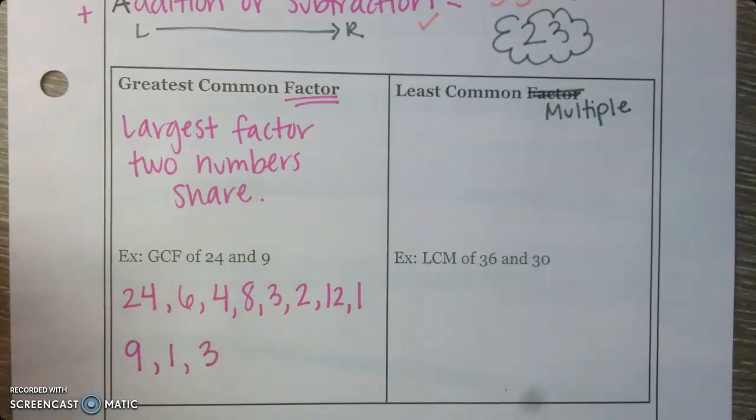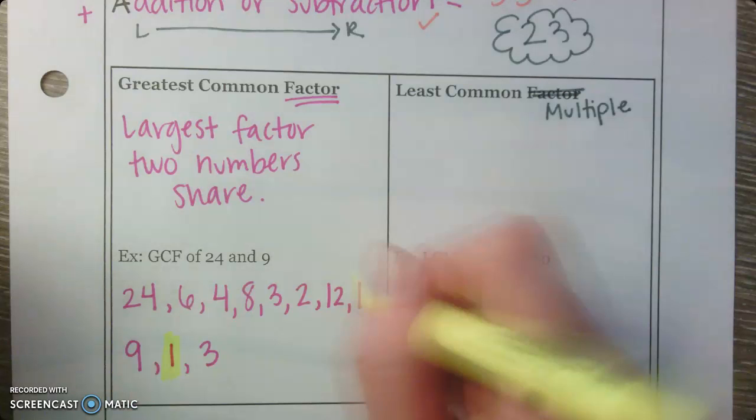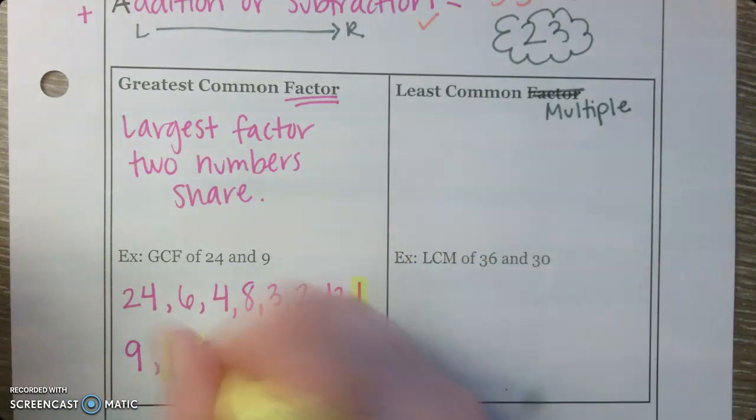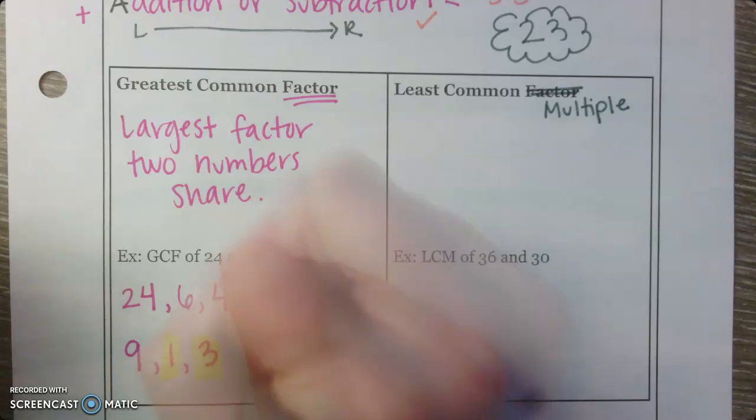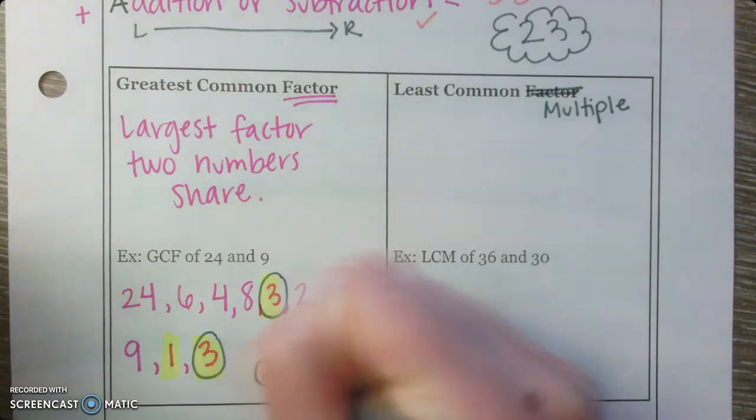All right, these are all of my factors. I need to now look and see what is the greatest common. Well, what do they have in common? I've got 1, and they have 3. What is greater, 1 or 3? Yeah, 3. So I'd say GCF equals 3.